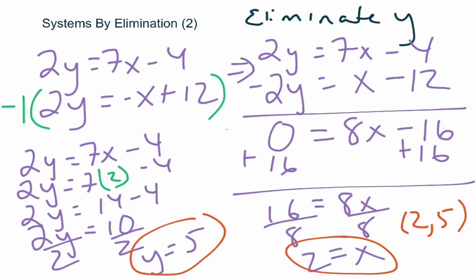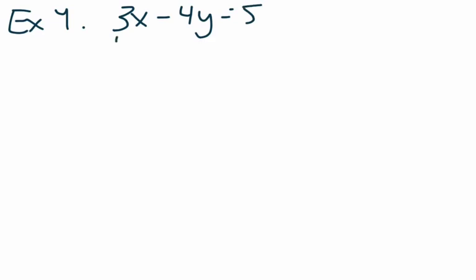So for the last example, I'm actually going to make this up on the spot, which is always very dangerous, just saying. So it could come out really horrible. I'm kind of hoping it does because I want to show you one more thing about solving these. So I'm going to do 3x minus 4y equals 5. And then I'm going to do 5x minus, I don't know, 3y equals 12.